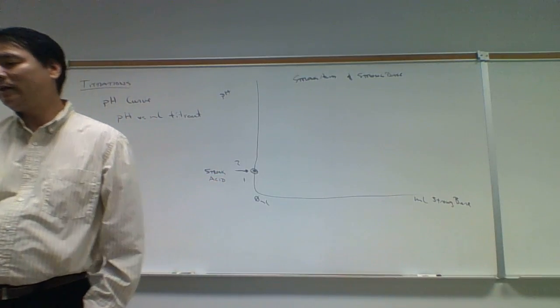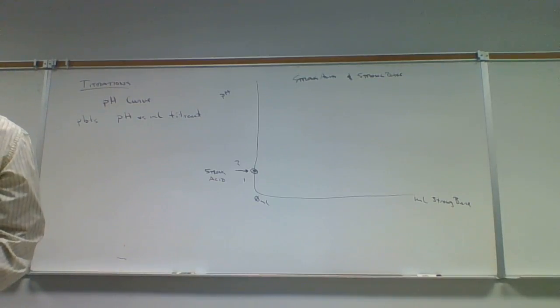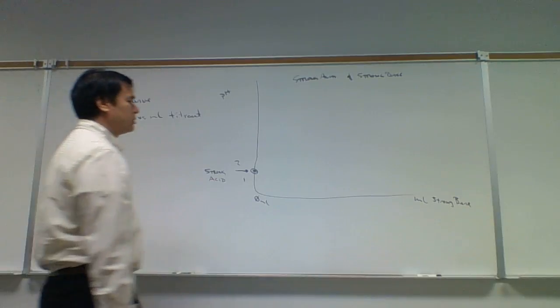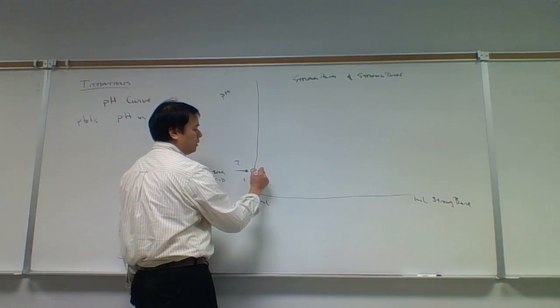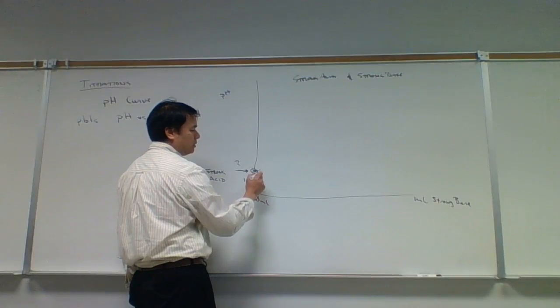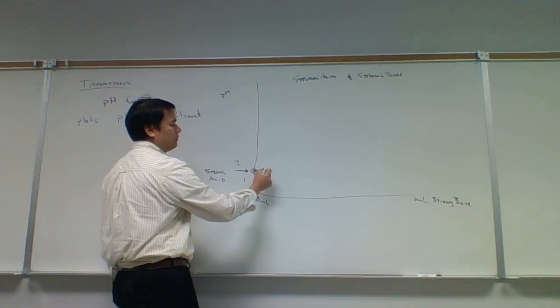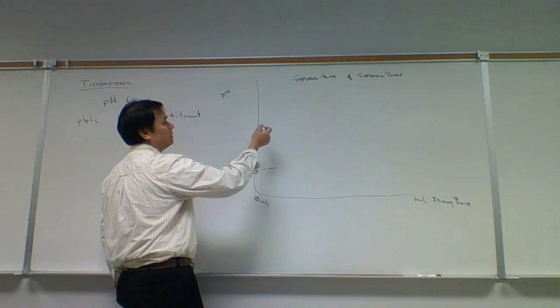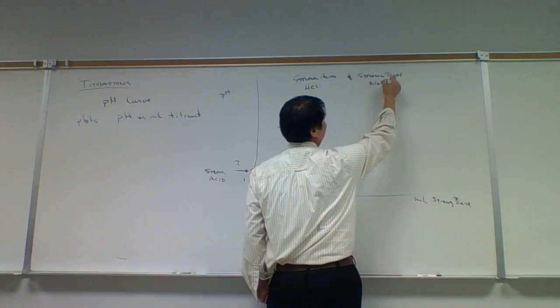If we want the pH of a strong acid, we would just figure out the concentration of hydronium in that solution, and we can get it. Then the titration starts, and you start adding sodium hydroxide, or whatever strong base you're using. Let's just pick HCl and sodium hydroxide.